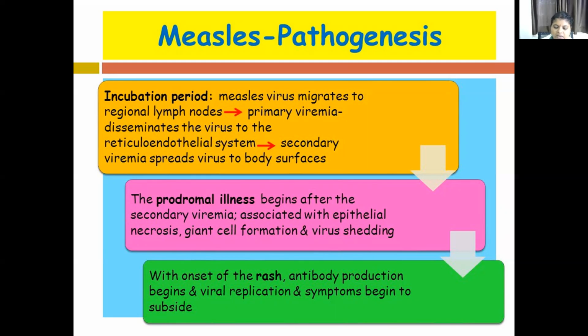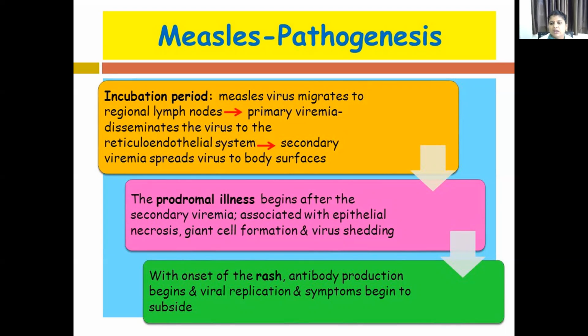Viremia means the virus is disseminated into the reticuloendothelial cells. After multiplication in reticuloendothelial cells, the viral particles are released into the blood. This is nothing but the secondary viremia, and it reaches the distant organs.